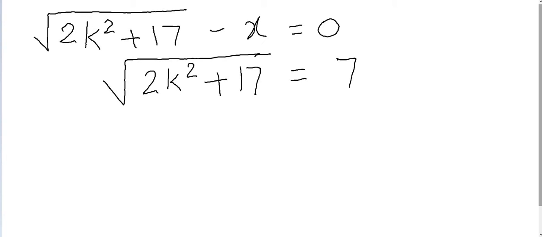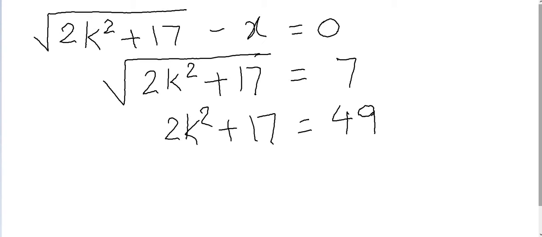So once you get here, you want to get rid of the square root sign, so you will square both sides of the equation. So you'll get 2k square plus 17, and square of 7 is 49.